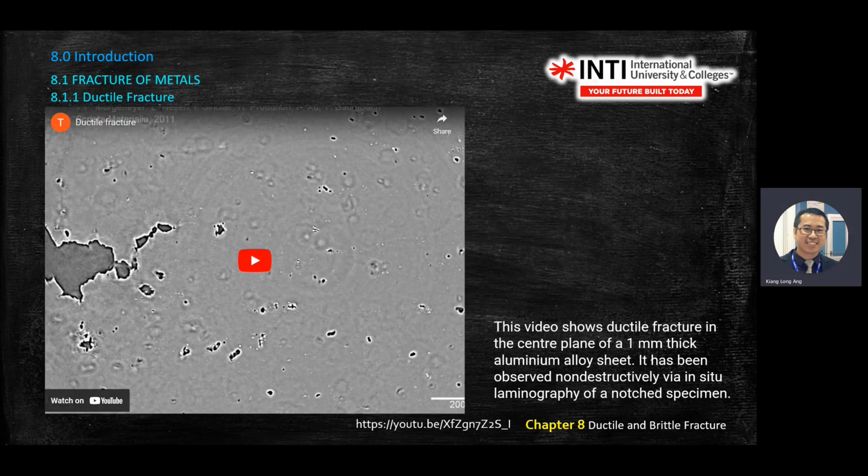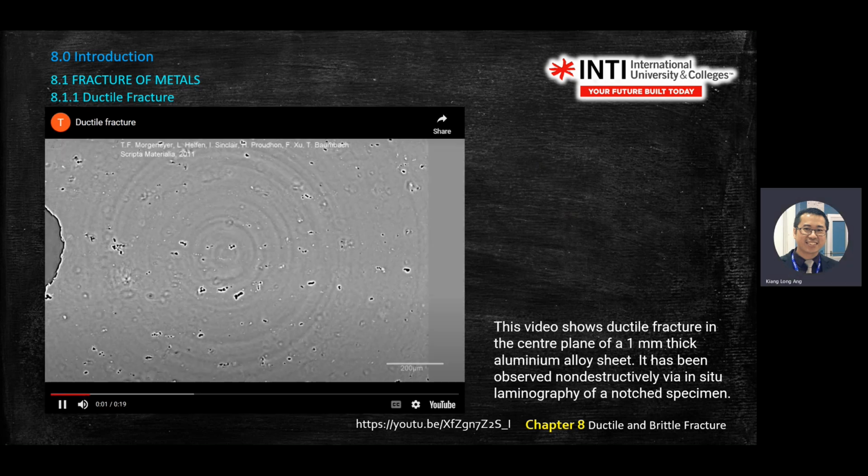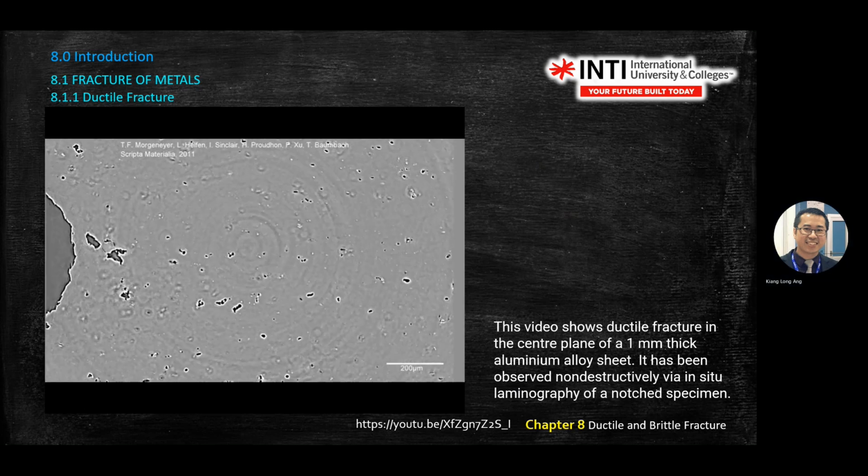I'll show you, this is the video showing how ductile fracture happens on the sample, right? This one is on the aluminum sheet. You can see this one is in slow motion.